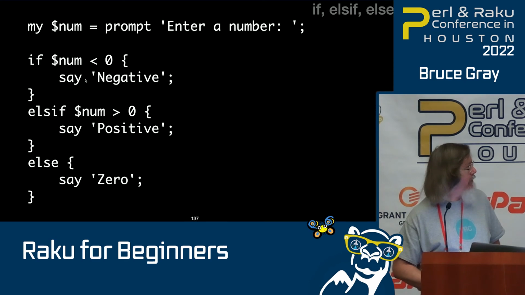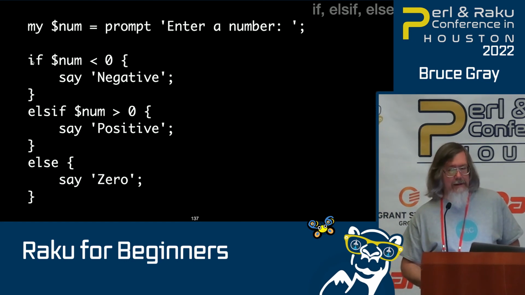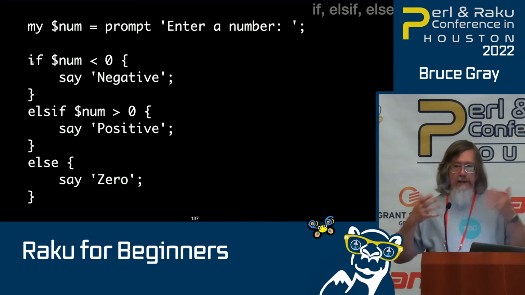Just for the record, there is an opposite form of if called unless, which you should be free to use. There's a linguistic thing where there are a bunch of non-English language users of Perl who every time a trainer was training them thought that was just crazy because of the way not works in their native language.